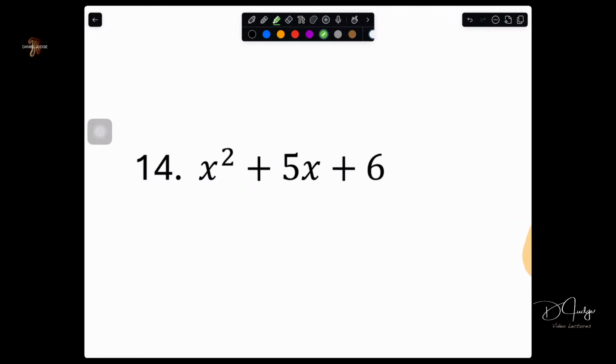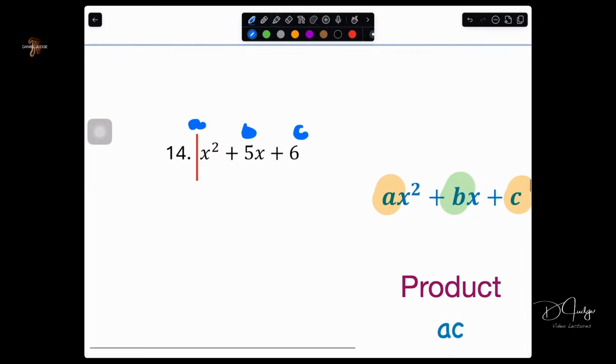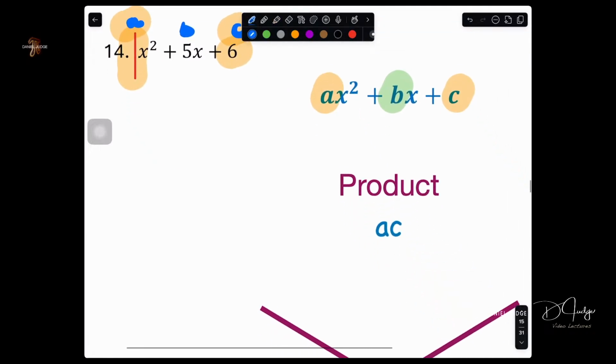However, if you look at the first example, you may say, I don't see an a value, and I'll say use the number 1 for a, because 1 times anything is itself. So you do have an a value, you have a b value, and a c value. So the first thing you want to remark is that 1 times 6, this is what we're saying over here.